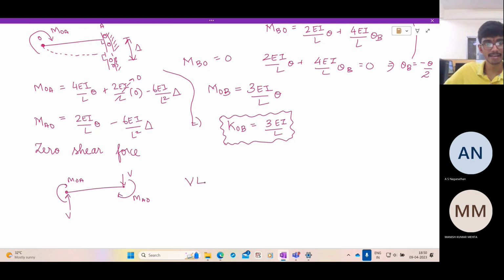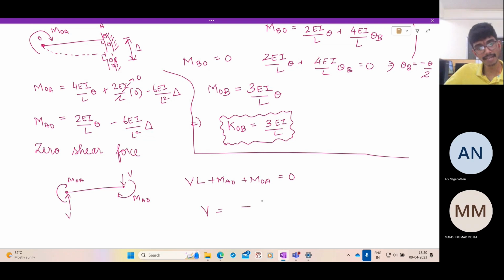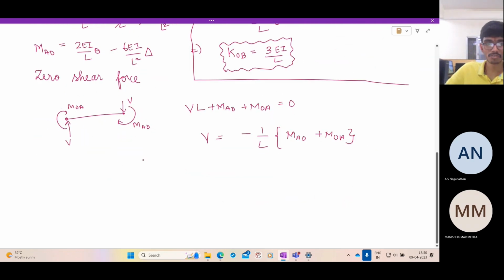V into L, equal and opposite forces separated by L, plus MAO, plus MOA, all of them clockwise moments, is equal to 0, which means the shear force is nothing but minus 1 by L times MAO plus MOA. This means V is equal to 0, which implies MAO plus MOA is equal to 0.